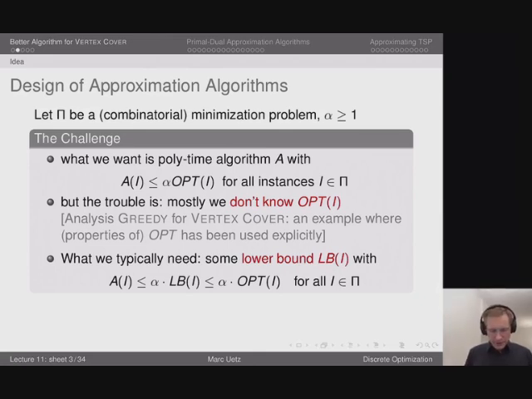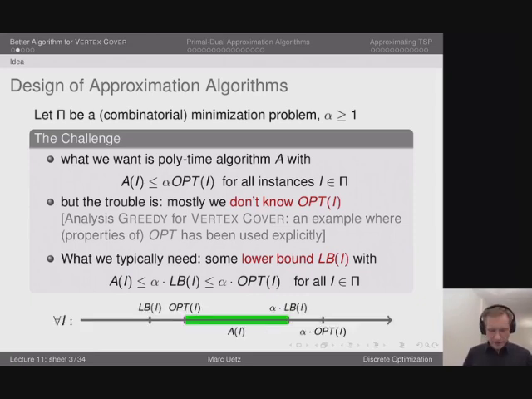Because if we can show that our algorithm is at most alpha times this lower bound, because the lower bound is a lower bound on the optimum solution value, we are in shape, because then our algorithm achieves a value which is at most alpha times the optimum solution value.